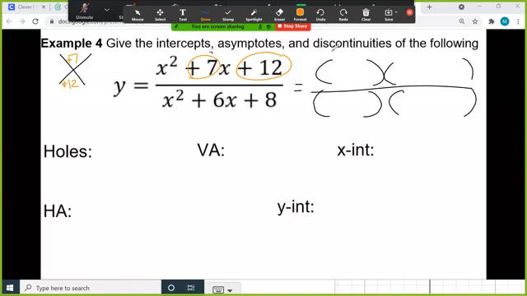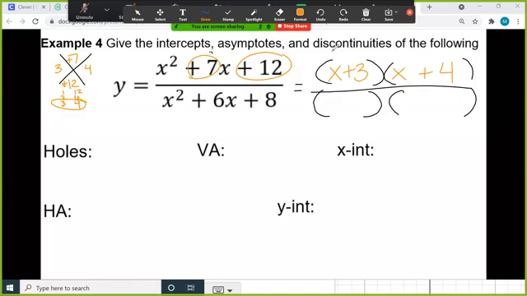So what are the factors of 12 that give me 7? 1 and 12, 2 and 6, 3 and 4. Which combination is going to add together to give me 7? The 3 and the 4. So factored form would be x plus 3 and x plus 4.